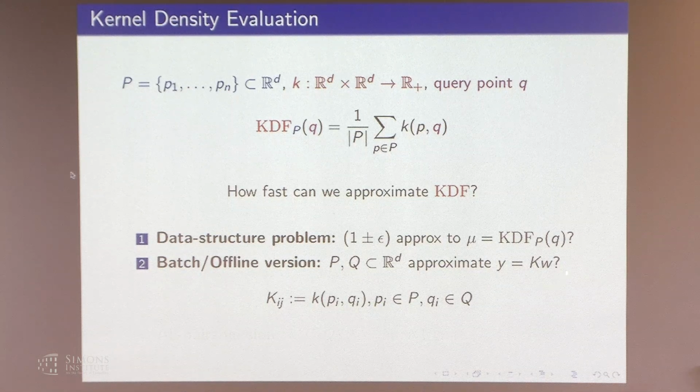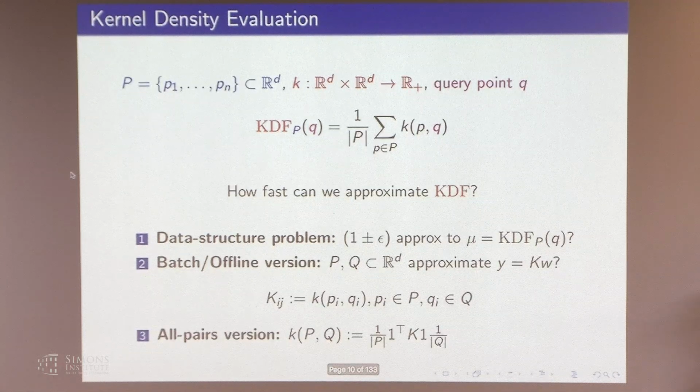Now, given a vector w, you'd like to approximate the product K times w. This is another problem that people care about. Yet another problem might be you want to sum up all of the entries of this kernel matrix and average over all the points. How quickly can you do this? I'll mostly focus on this data structure problem.